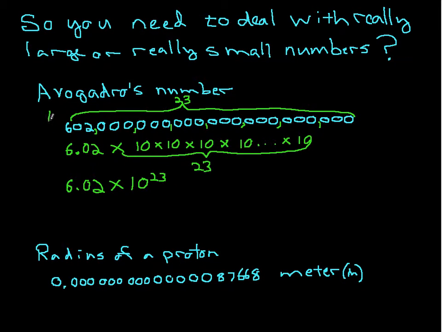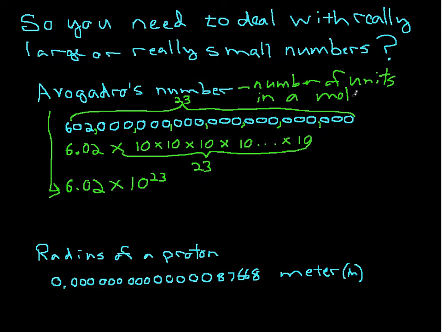And this is Avogadro's number written in scientific notation. By the way, this is the number of particles or atoms, I'll just say units. Units could be molecules, the number of units in what we call a mole.